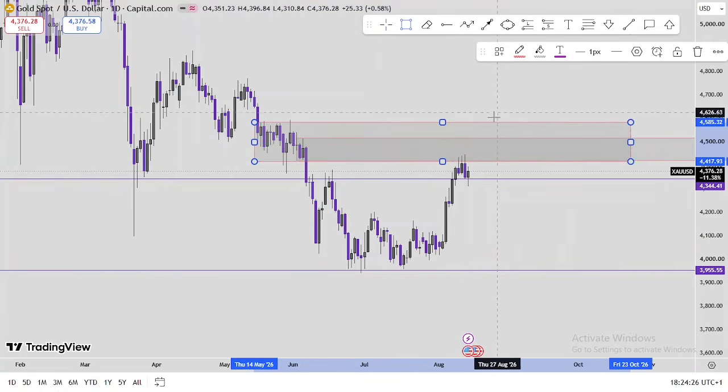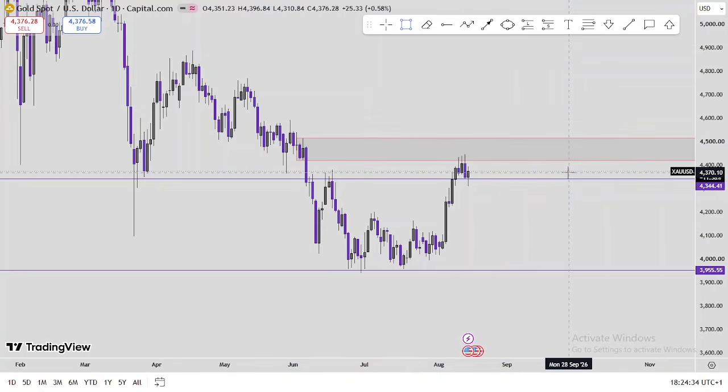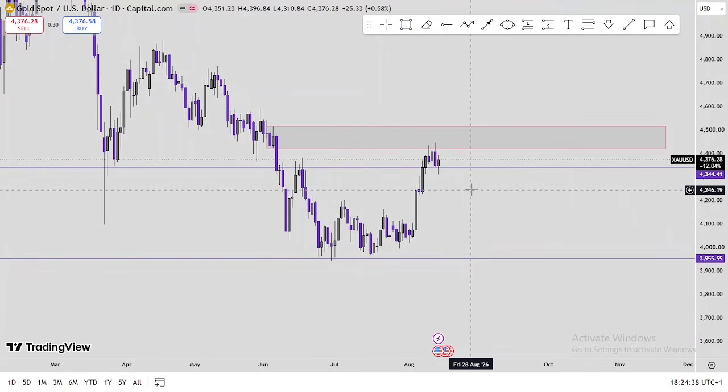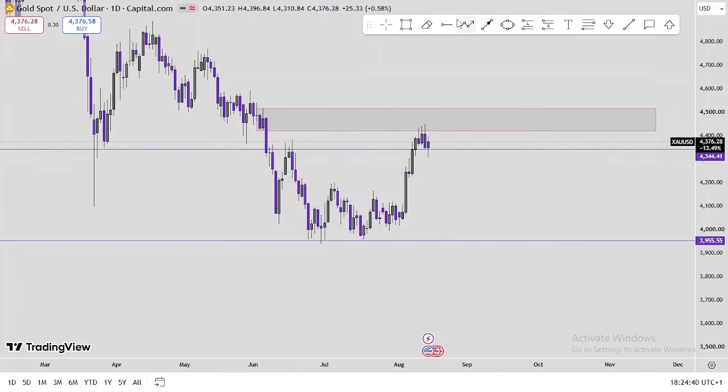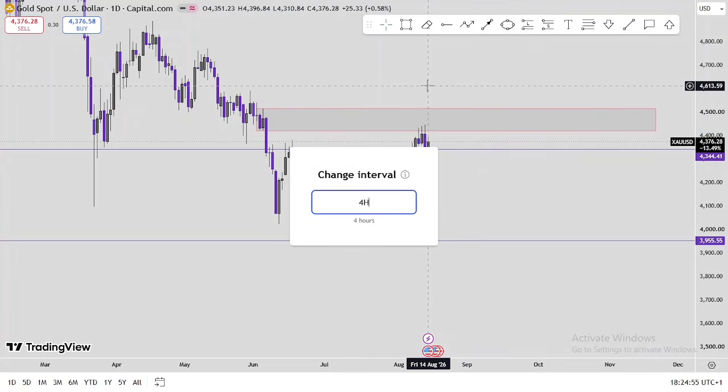I'll be waiting for price to break these areas before looking for buys because of the potential traffic that could be here. So instead I would be looking for price to pull back down to in and around these areas here before we continue back up. So yeah, how is it reflected on the 4H?